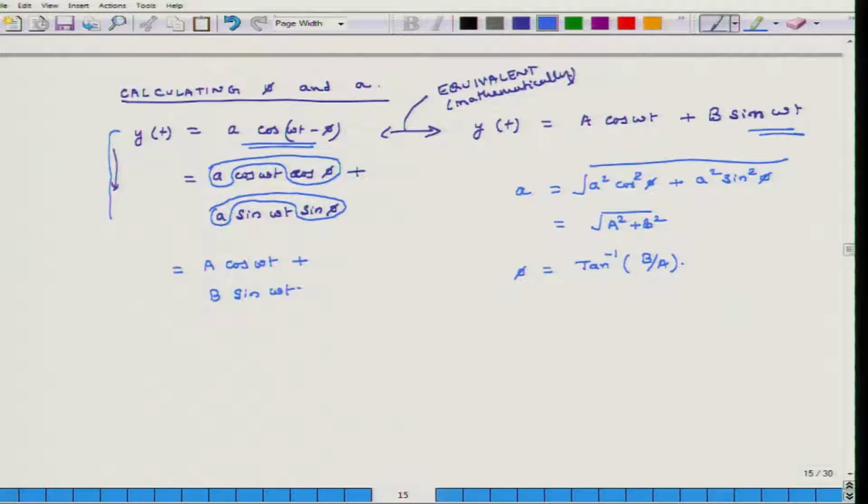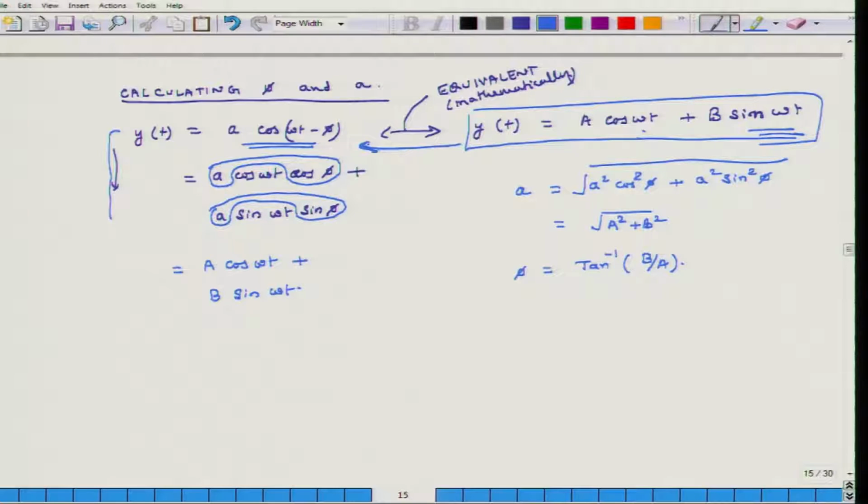The point is that if you run into this type of expression, you should be able to transform it into the amplitude-phase type, and from there develop a representation of signal y(t) in the frequency domain, because from here you can calculate A, you can calculate phi, and then compute the frequency domain representation of the signal.